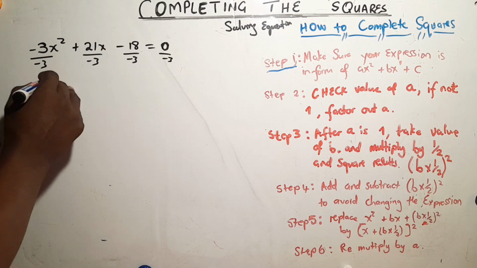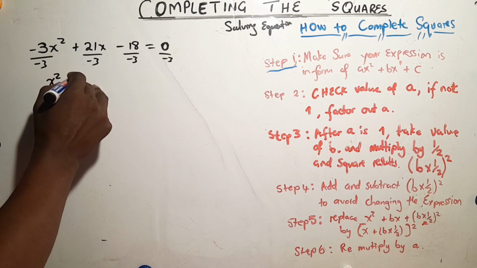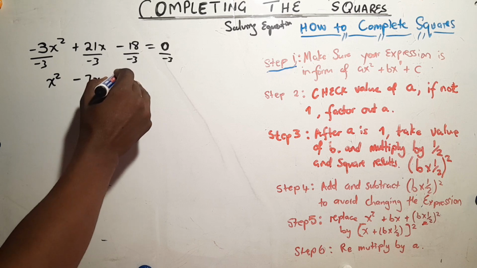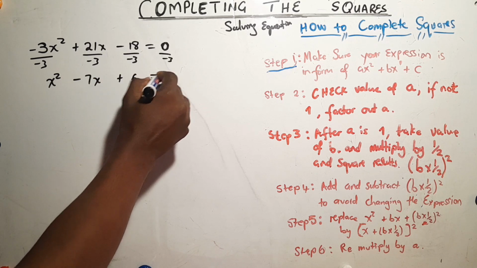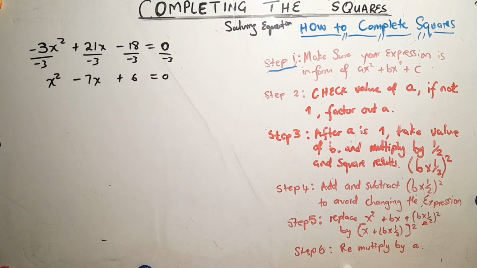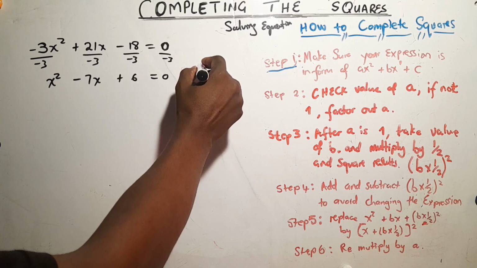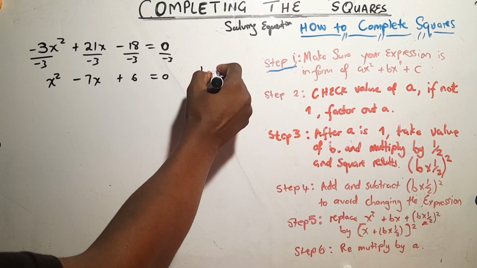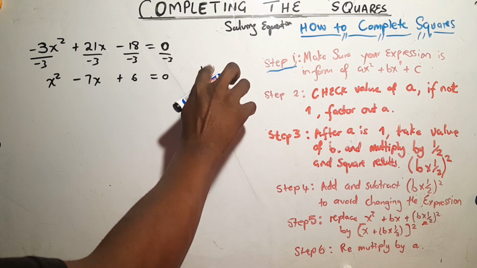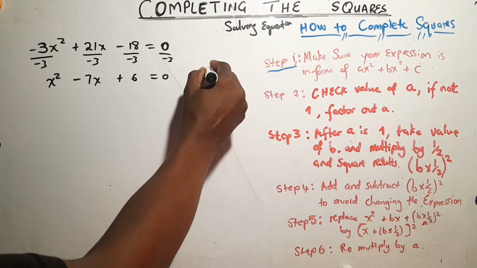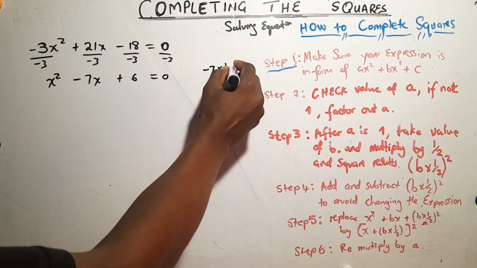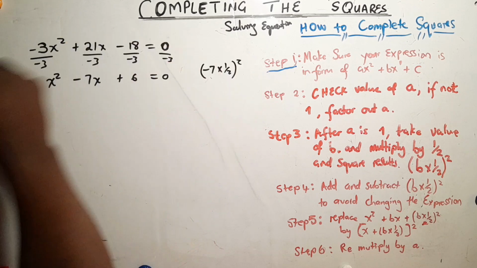So this will give us x squared minus 7x plus 6 equals 0. Since we are solving the equation, we don't factor out, we just divide. So now our value of a is 1. Now we take the value of b, which is negative 7. So our b is equal to negative 7. We take it and multiply it by half, and then we square, right?